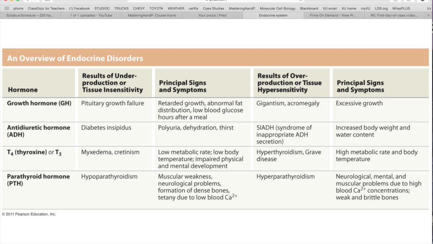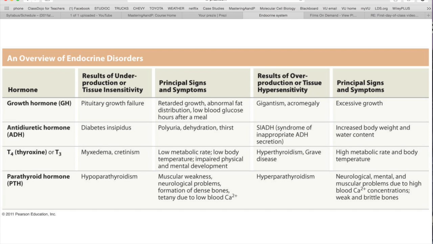Hyposecretion of growth hormone causes what's called pituitary growth failure, and these people will be very small. Hypersecretion, there can be 2 different things. Gigantism is when this happens before puberty, while you're still growing, and the people are very big, their bones are very long.